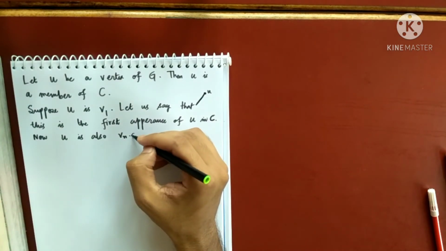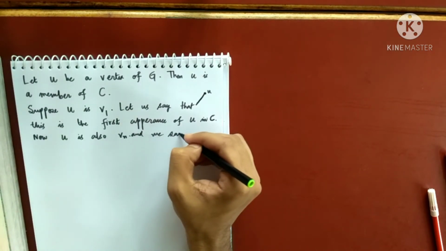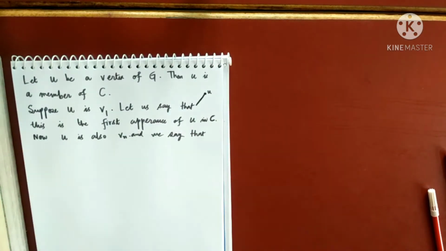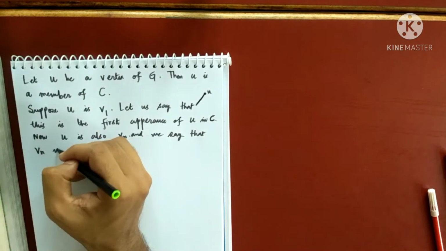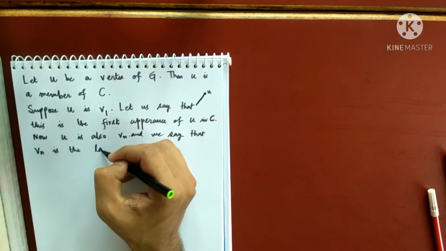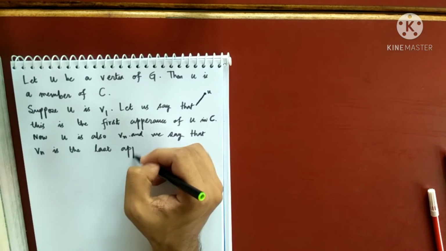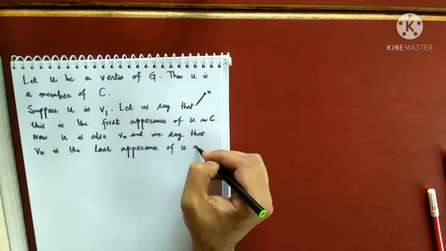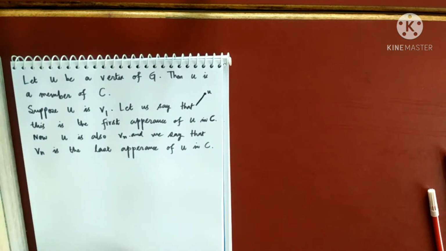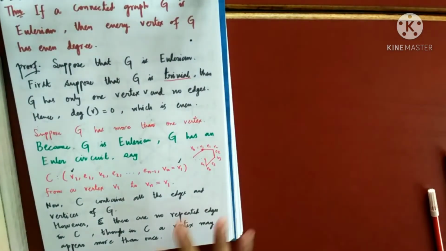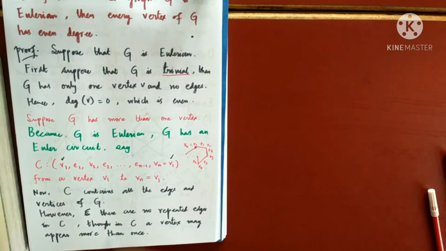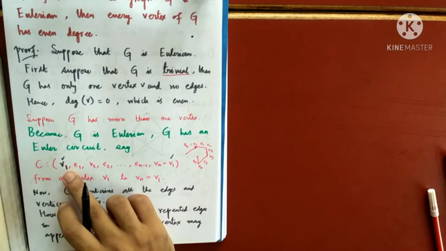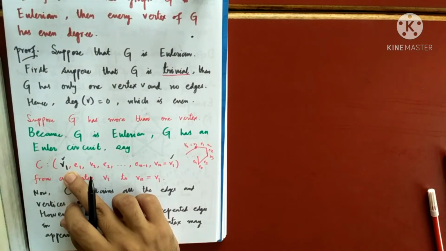And we say that Vn is the last appearance of U in C. So my point is this, I am assuming that U is same as V1, then it is the first appearance of U, right?